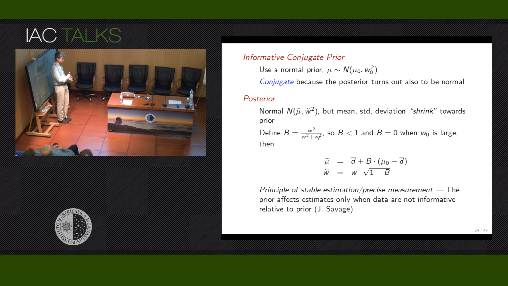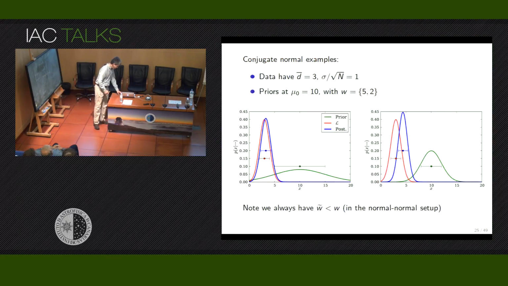So the result will be that if you have a prior that's relatively broad with respect to your likelihood, your results are not sensitive to the details of the prior, and he called that the principle of stable estimation, or the principle of precise measurement. It's just the point that a broad prior doesn't affect your results.